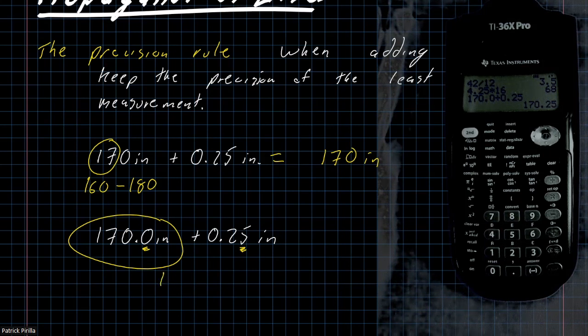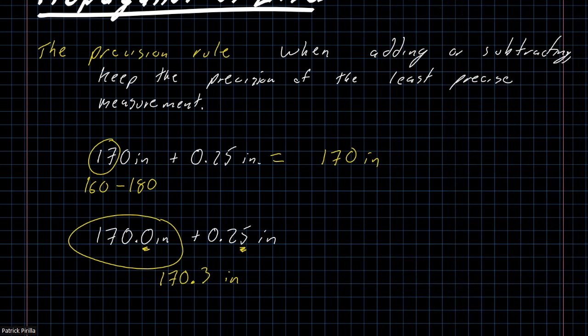I take my result of 170.25, I round to the nearest tenth of an inch, and I call it 170.3. Right? That is the precision rule. We use the precision rule whenever we are adding or subtracting. Those are the only times we use it, and we use it every time those situations come up.